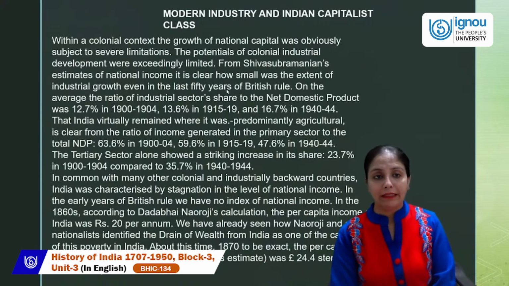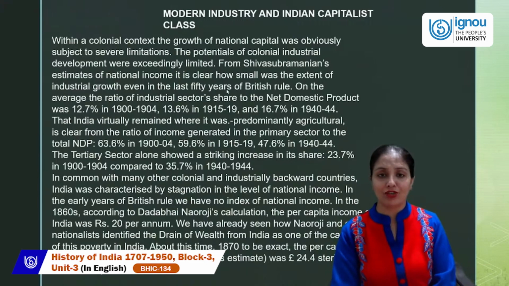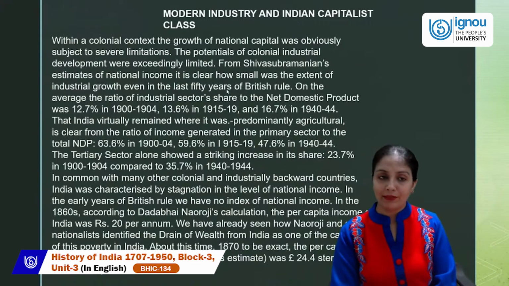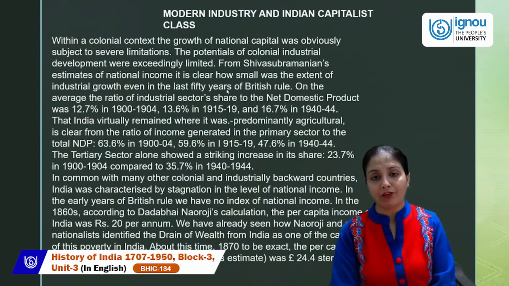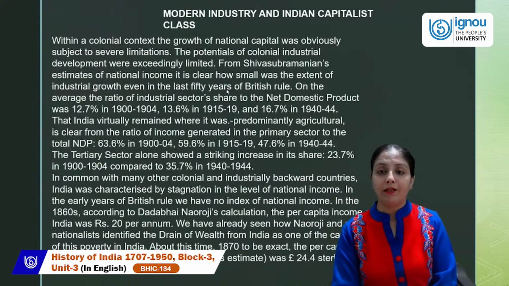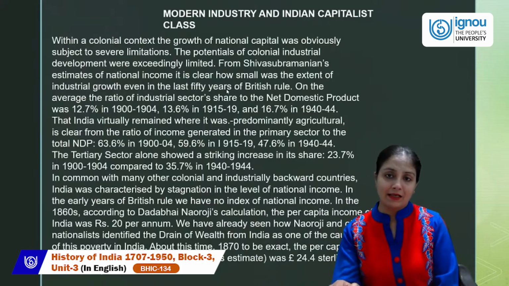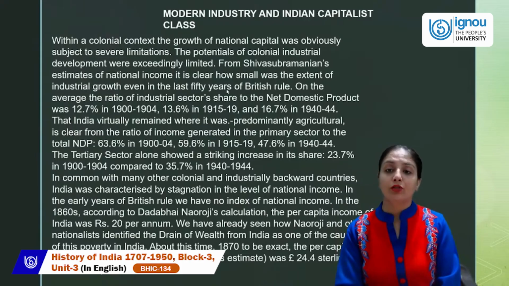On average, the ratio of the industrial sector's share to the net domestic product was 12.7% in 1900 to 1904, 13.6% in 1915 to 1919, and 16.7% in 1940 to 1944. This was the increase in the industrial sector's share of net domestic product.